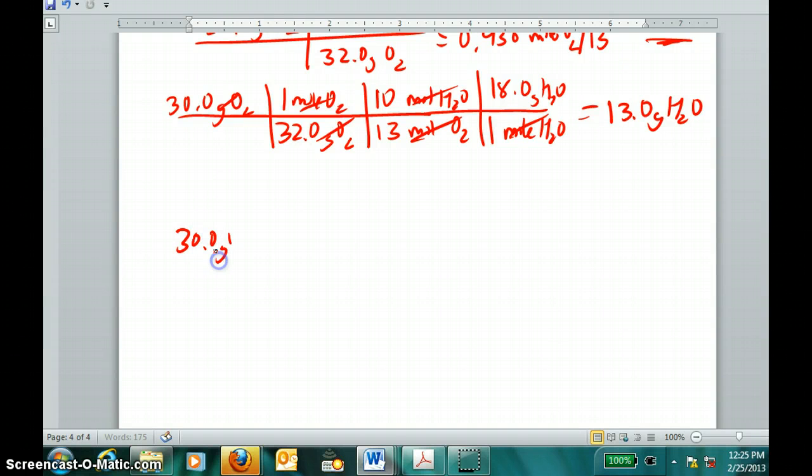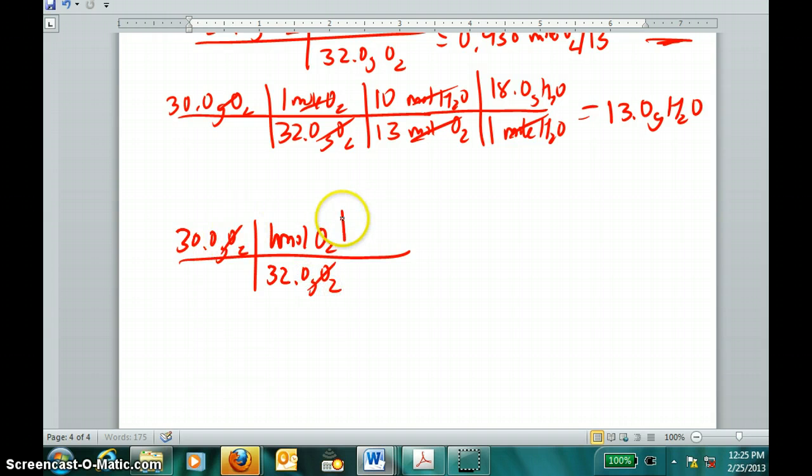30 grams of oxygen. Need moles if you're going to play with stoichiometry. 1 mole of O2, 32 grams O2. Now for the stoichiometry. We're going to use 2 moles of our butane for every 13 moles of O2 that we use. So that's how much butane we have to use.